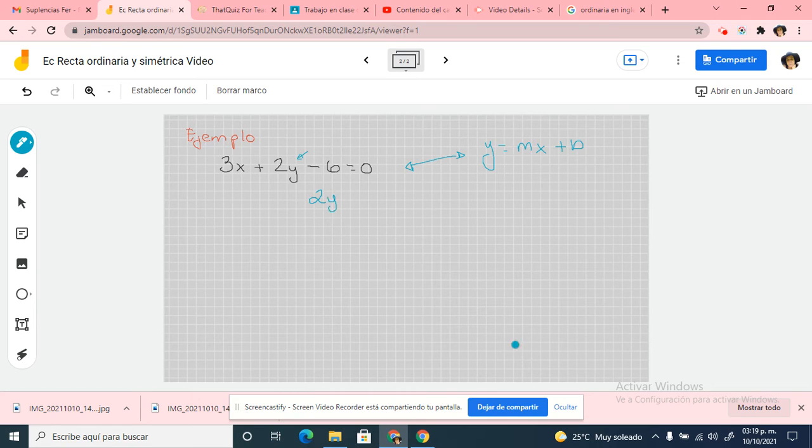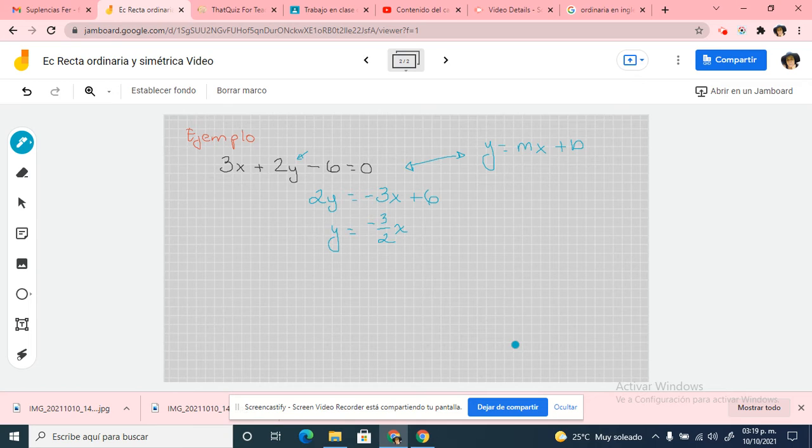So 2y equals minus 3x, which is adding, and it's going to become a subtraction. And then the minus 6, which is subtracting, will become an addition. Then I'll get rid of the 2, which is multiplying, and we'll divide, but it will divide both of them. So I will divide it separately, so I get this form.